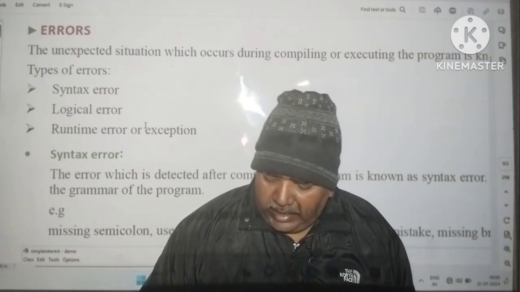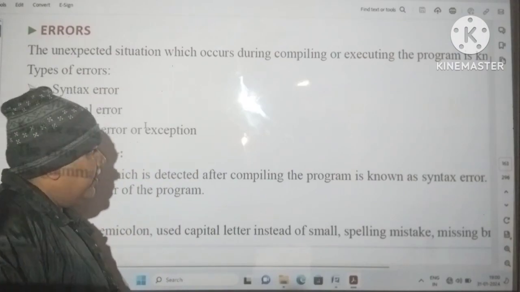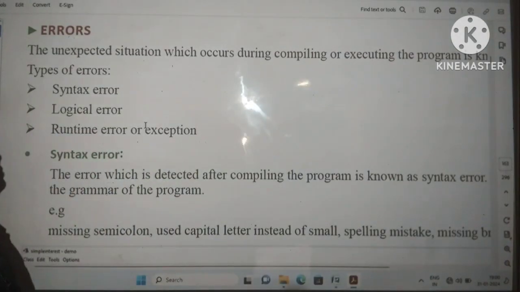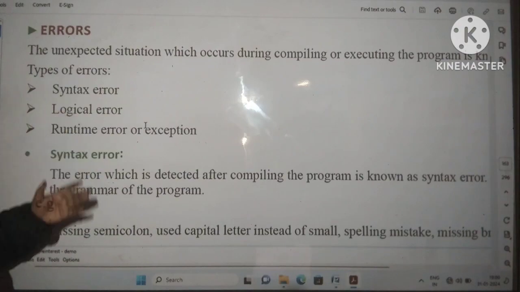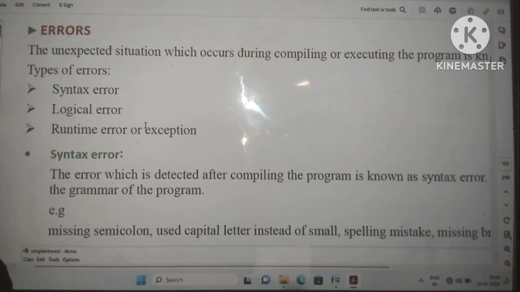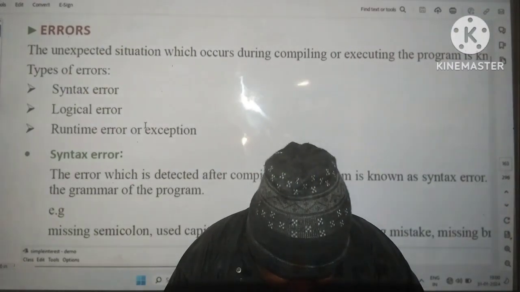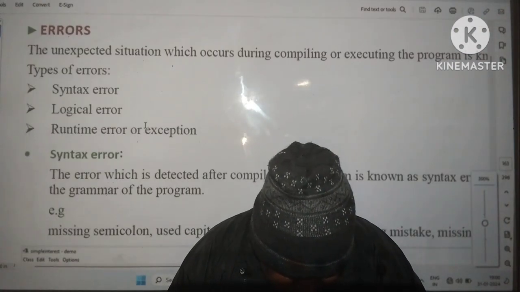So let us discuss the errors. First of all, what is an error? I am showing you the definition which I have written in my book itself. The unexpected situation which occurs during compiling or executing the program is known as an error.